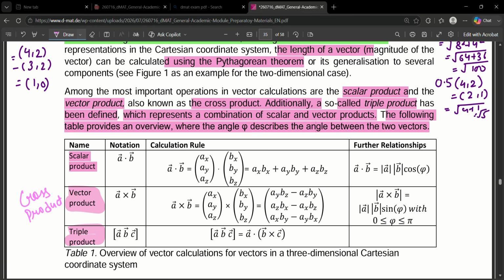Now what does scalar product mean? Scalar product means you multiply two vectors and find the answer as a number, like a scalar. Vector product, when you cross product two vectors, gives the answer as a vector. And there is a triple product, where you have to find what the answer would be.